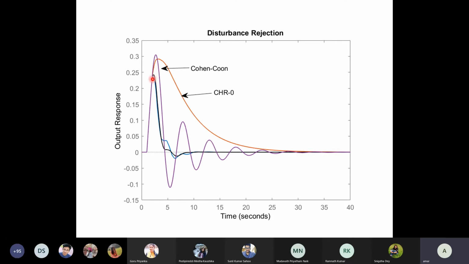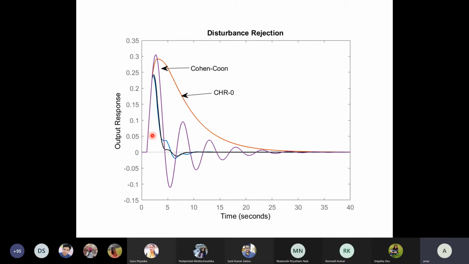Both CHR20 and Ziegler-Nichols give equivalent performances. So from here we can see that if we use CHR20, then for this particular process it gives reasonable performance for both set point tracking and disturbance rejection.